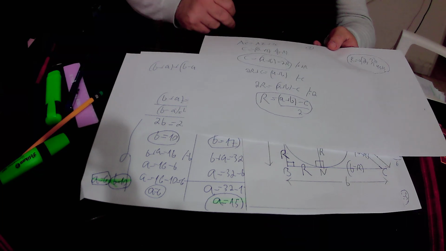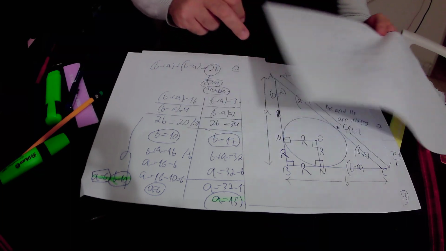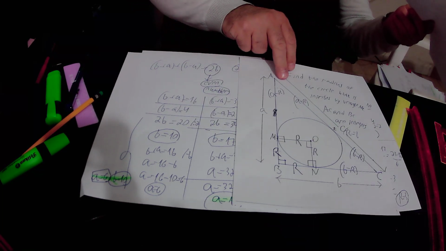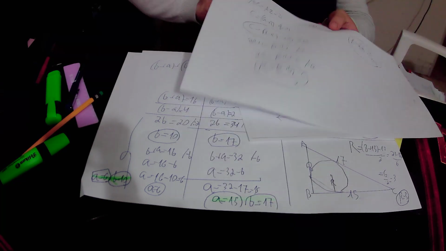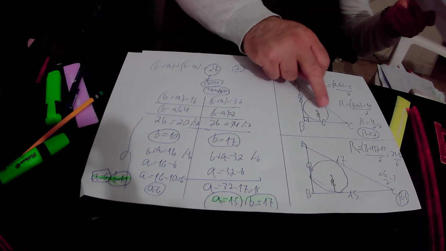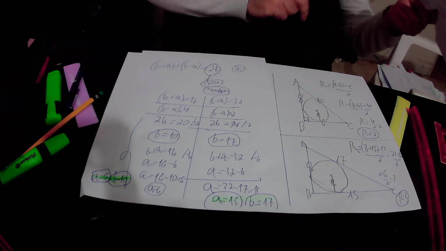So we can use this formula to find the radius of this circle inscribed in triangle ABC.